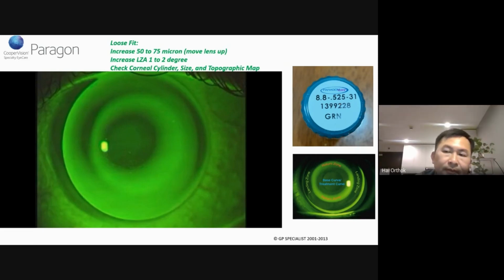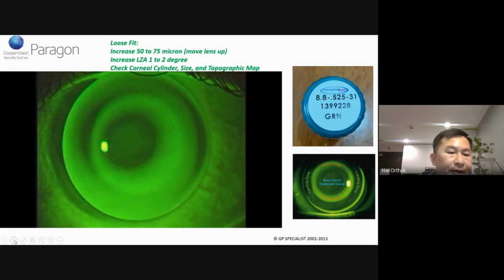And there's another way for the Paragon CRT lens, which is to increase the landing angle by 1 or 2 degrees, so the tier is less likely to dig into the cornea. So if it's from 31, we should increase to 32 or 33, making less tier move into the lens.